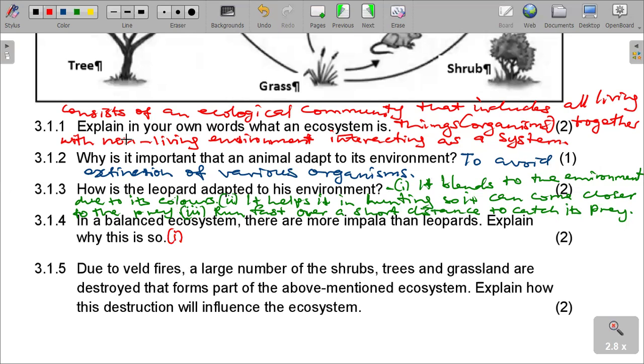So one, impalas are the primary consumers. That is one thing that you must understand.